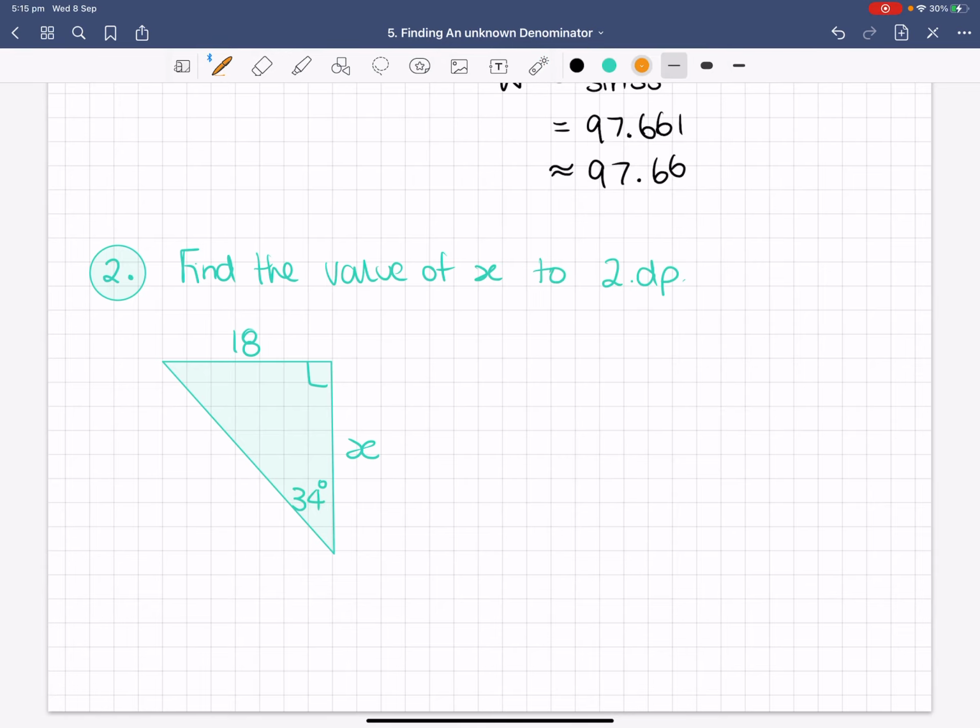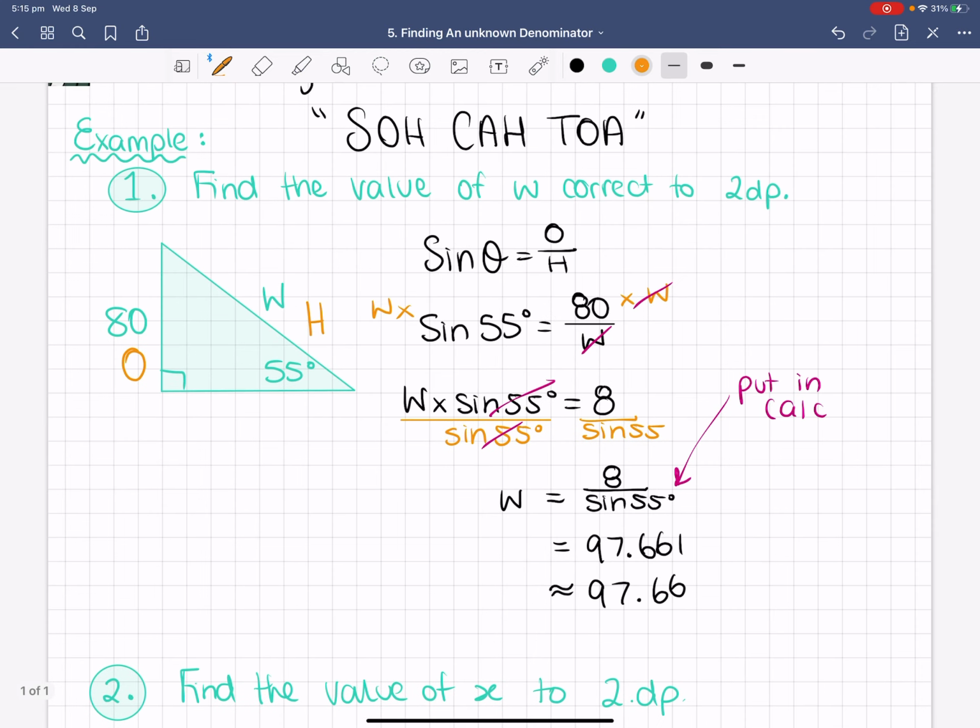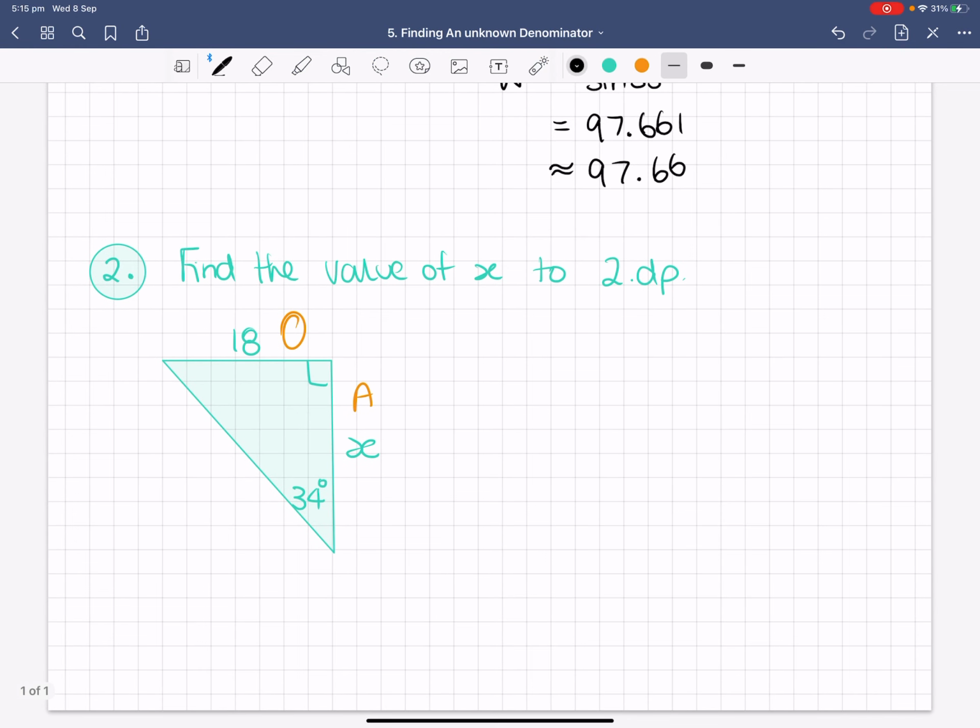Labeling our sides, we've got the opposite and the one right next to it, the adjacent. Now, out of our 3 ratios, if we've got the opposite and the adjacent, we're going to use tan. So tan of theta is equal to the opposite over the adjacent. Instead of theta, we're going to put 34 degrees. And our opposite side is 18 over x.